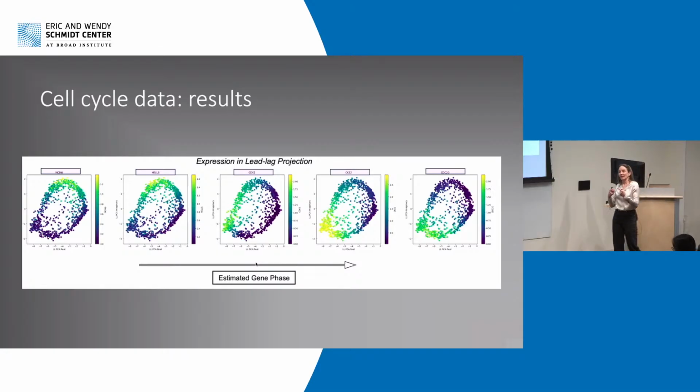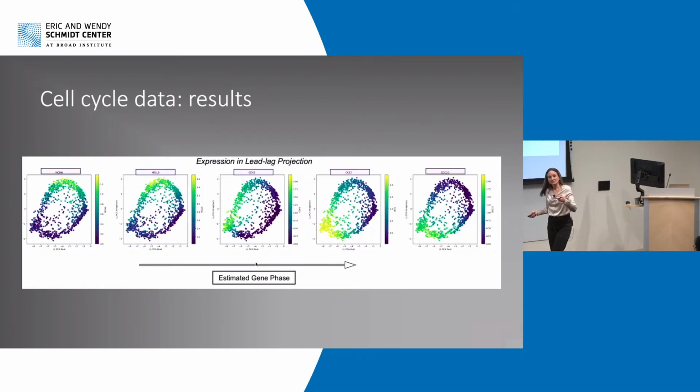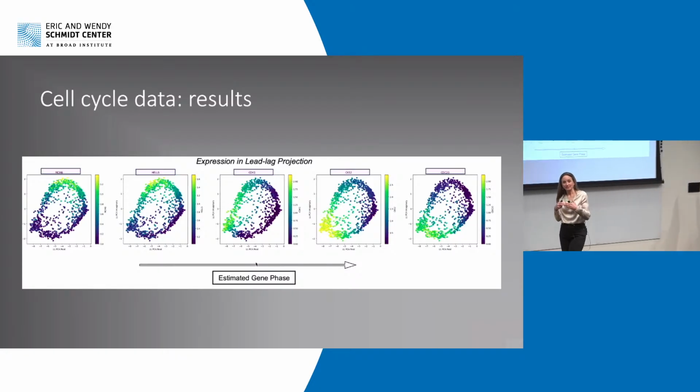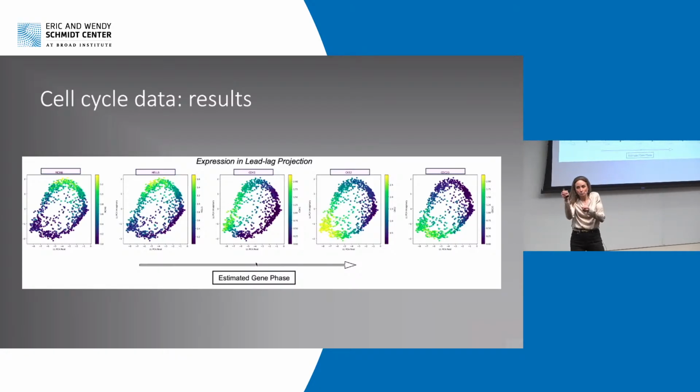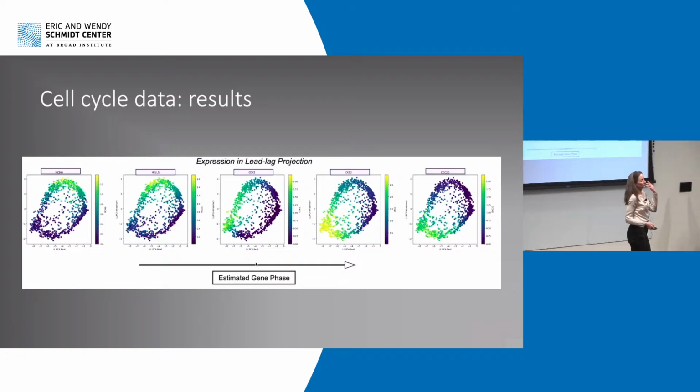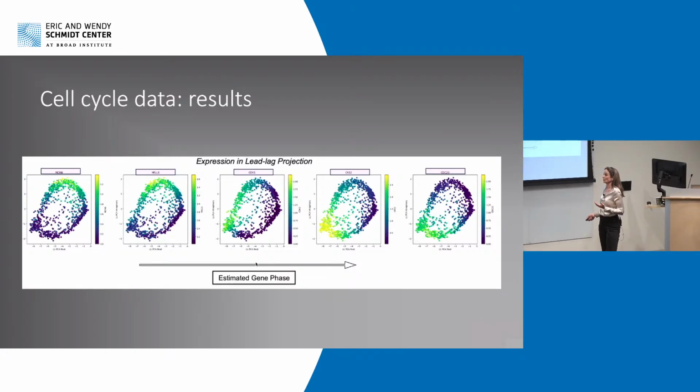The reason I'm showing this is to illustrate that this method enables you to say, for a particular gene, when is it actually being activated? What is its phase, and so on?